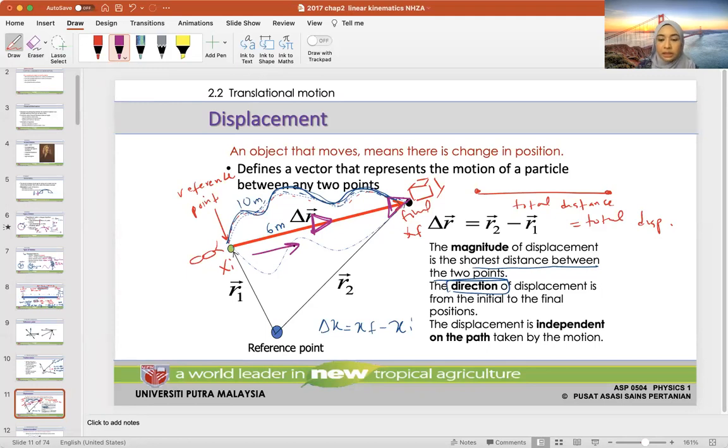The displacement is independent on the path taken by the motion. So dia tak kisah pasal distance. Tak kisah pun semut tu berlelah, bersusah payah jalan jauh-jauh, dia cakap dia nak shortcut je. So displacement is actually a shortcut, the shortest distance between the final and the initial. And the direction of displacement is towards the final. Okay, so I hope that's clear on displacement.